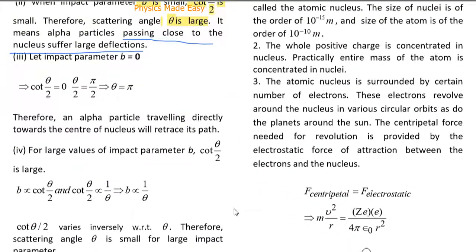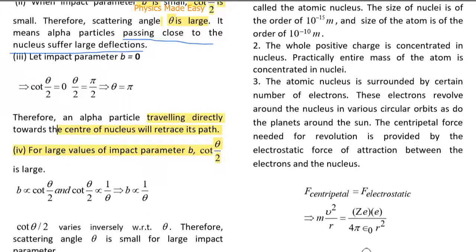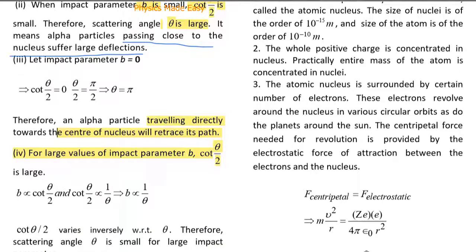And now let us proceed to the next part. An alpha particle traveling directly towards the nuclei will retrace its path, because in that case B will be 0. If the alpha particle is along the central line, then obviously B will be 0.